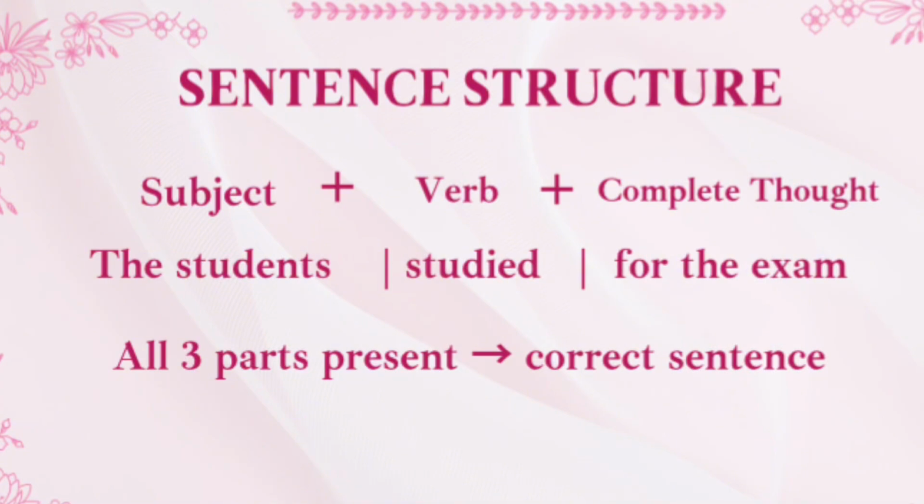The students studied for the exam. So the subject there is the students. The verb there is studied, and the complete thought is for the exam. So as you can see, all 3 parts of the sentence structure are present, which means this is a correct sentence. If one is missing, it is not a sentence.